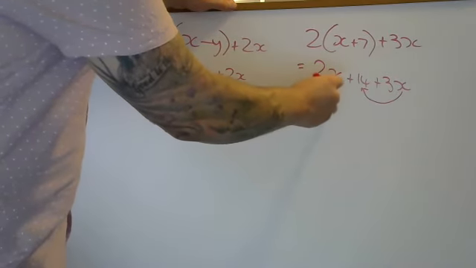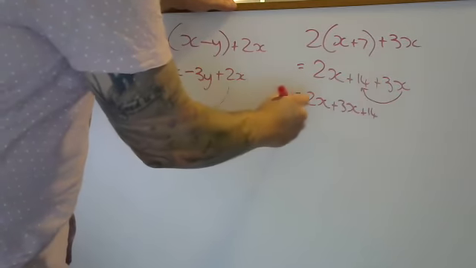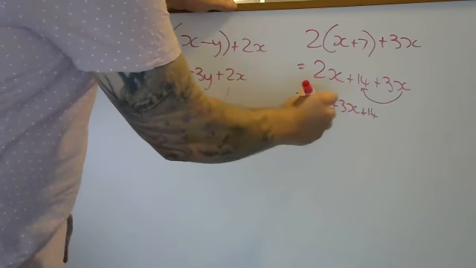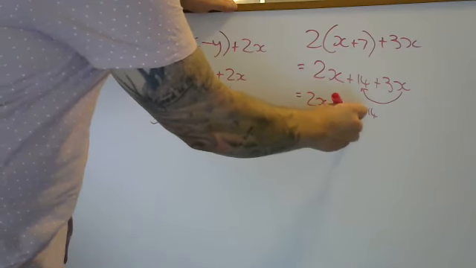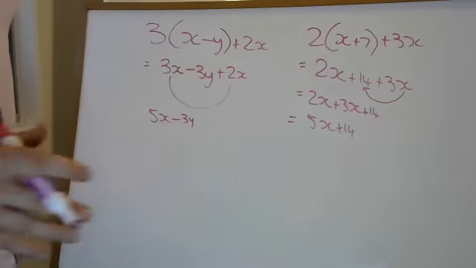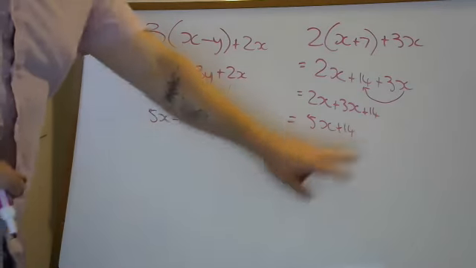So 2x plus 3x plus 14 equals 5x plus 14. The number without a pronumeral or a letter has to go on the end.